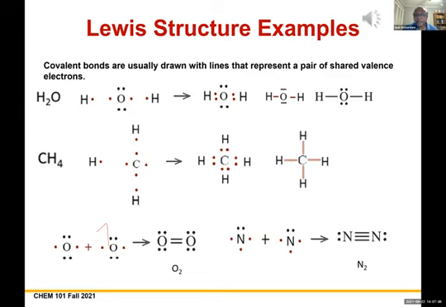There's a triple bond. A triple bond is 6 electrons shared between 2 atoms, or 3 electron pairs. The nitrogen molecule has two pairs of non-bonding electrons and three pairs of shared electrons.